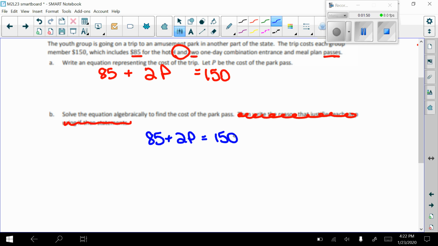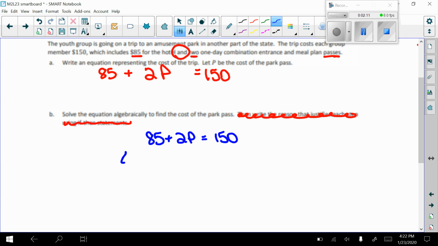So remember our steps from the previous lesson? Is there anything on the left side that can be combined or distributed? I don't think so. Is there anything on the right side that can be combined or distributed? Nope. So the next step was to undo what we know. Well, we know the $85 hotel fee.